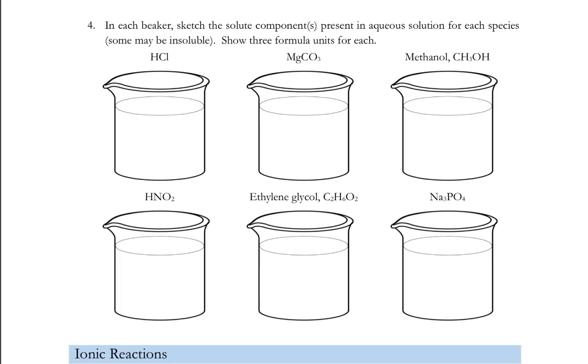That will matter in how you draw your picture. Weak acids, the bulk of them do not separate into the H plus and the anion. They stay together as a molecule. So keep that in mind in your picture. For the ions, as we talked about, make sure that you check the solubility rules. If they are insoluble, then you would just show them as the cation together with the anion.